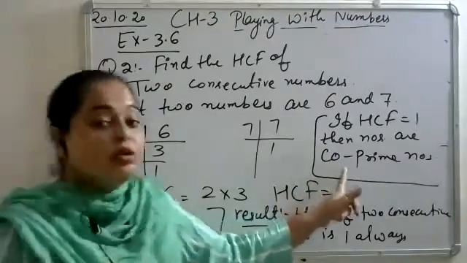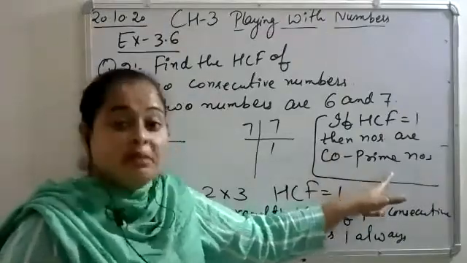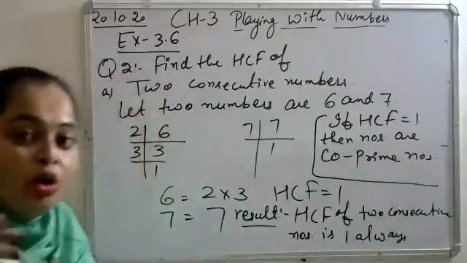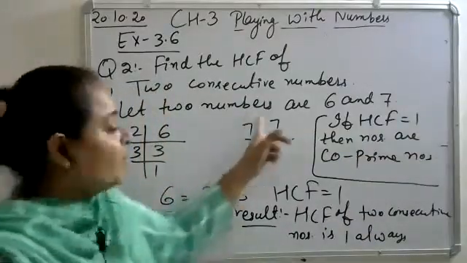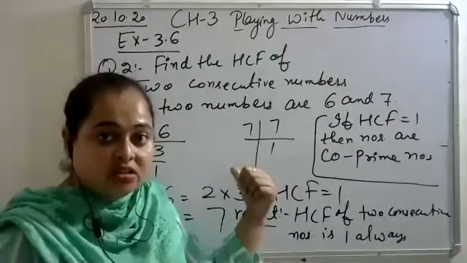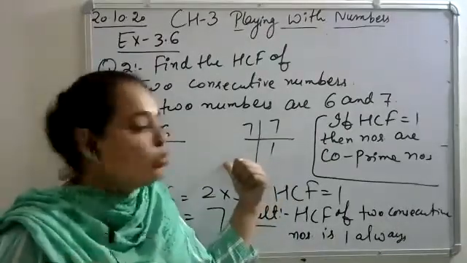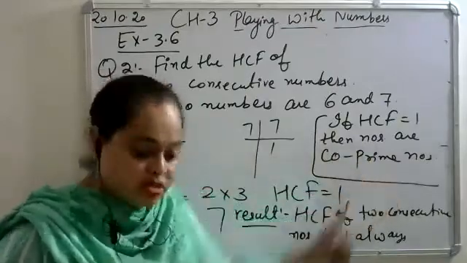Then the numbers are known as co-prime numbers if the HCF is equal to 1. You can also solve the sum based on co-prime numbers by this method. One is the method of factors and second is this method to check whether numbers are co-prime or not.